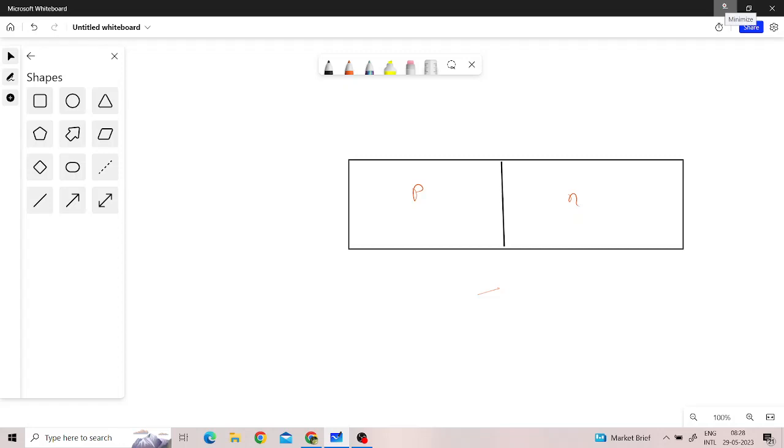Okay, hello everyone. So today we are going to discuss the PN junction diode. In the PN junction diode, two types of doping are done. On one side there is a P type and on the other side there is an N type.